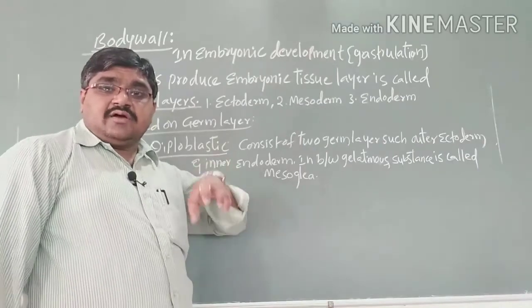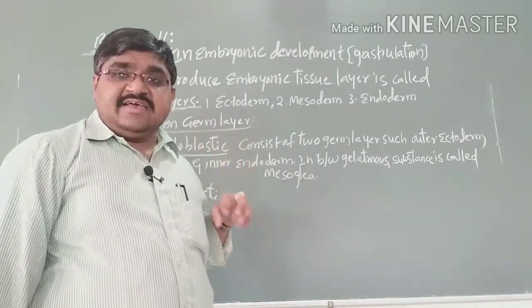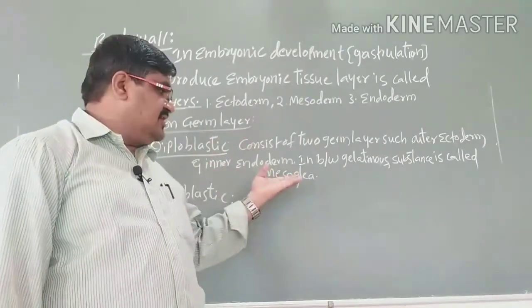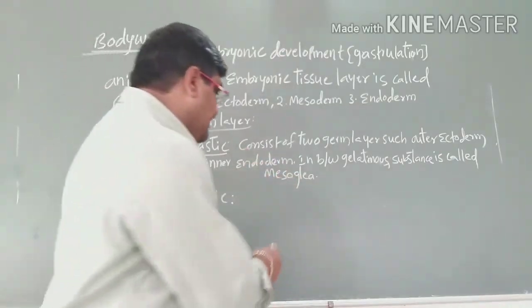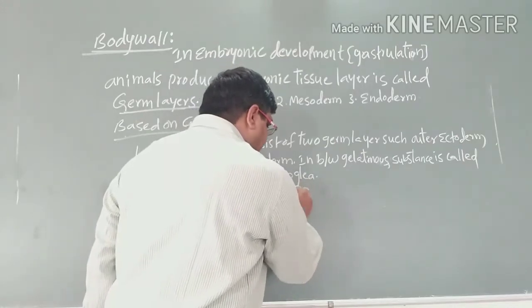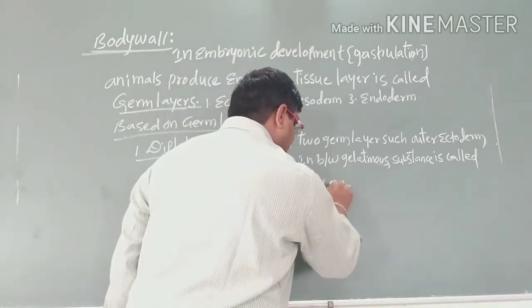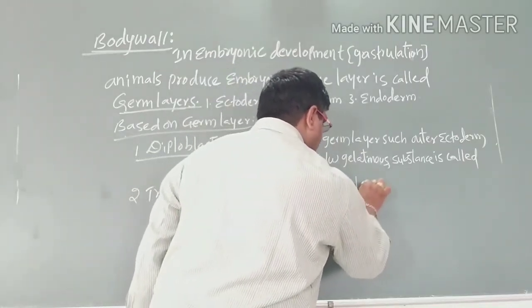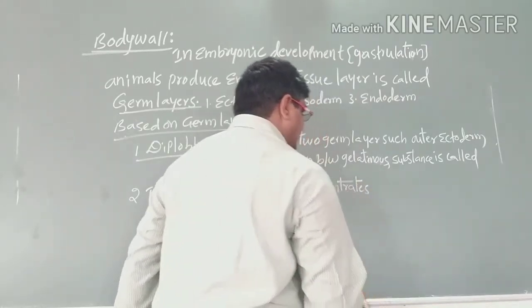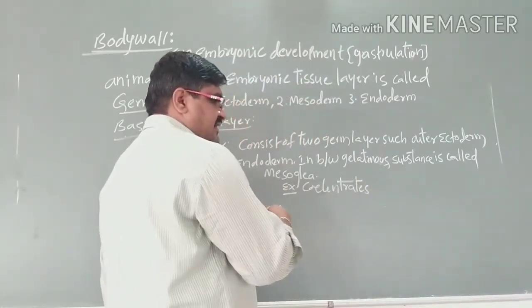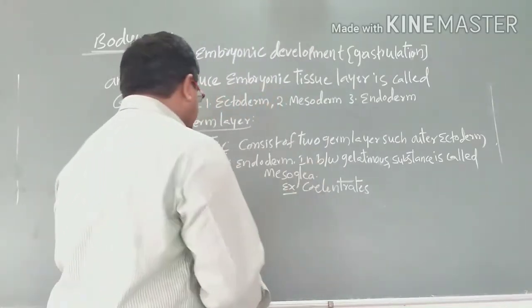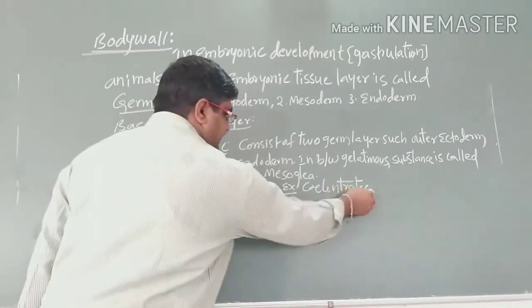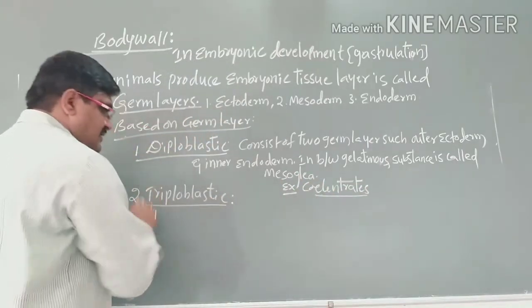In between, there is a gelatinous substance, which is called mesoglea. So we have two germ layers, the outer ectoderm and inner endoderm, and in between them a gelatinous substance, the mesoglea. Examples we can take are the coelenterates, and ctenophores also, for diploblastic.